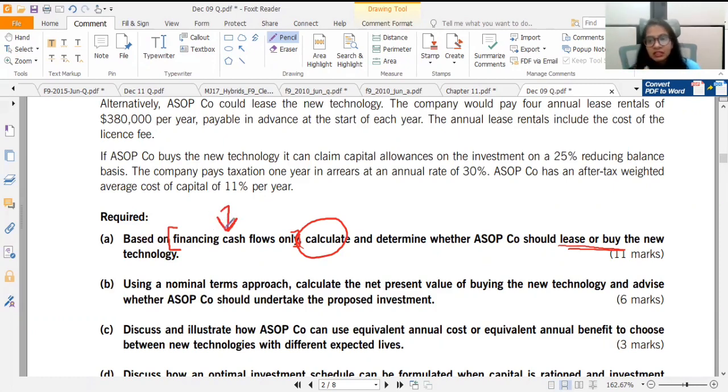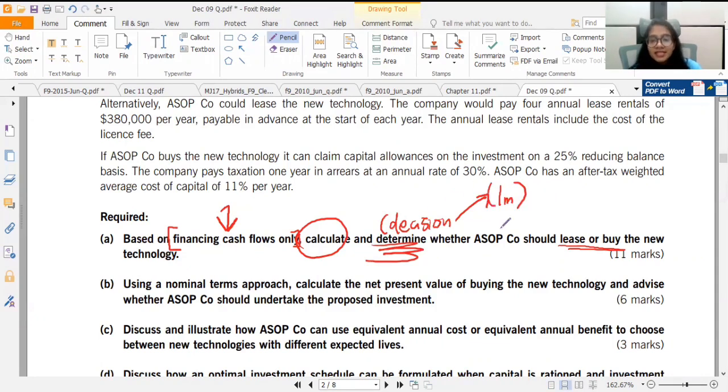There isn't any other thing that is included in this lease or buy decision. Now, the next thing I want to remind you, whenever he says determine here, that means he's asking you to make a decision. Whenever he asks you to make the decision, he is giving you 1 mark.